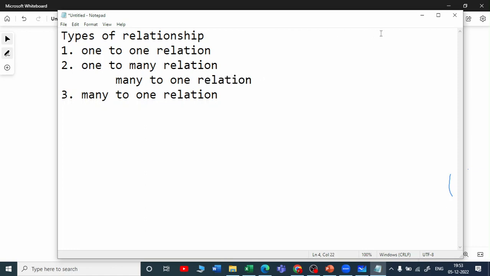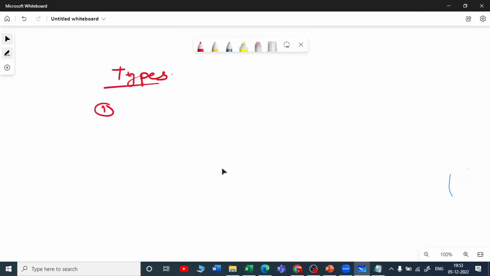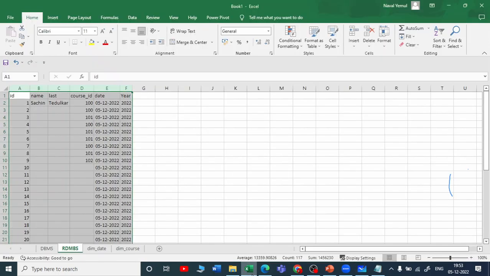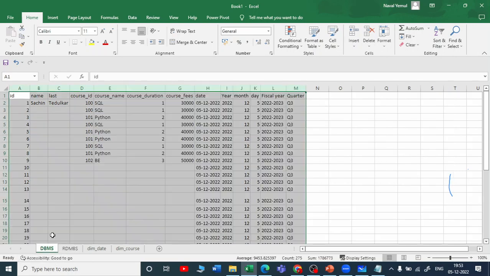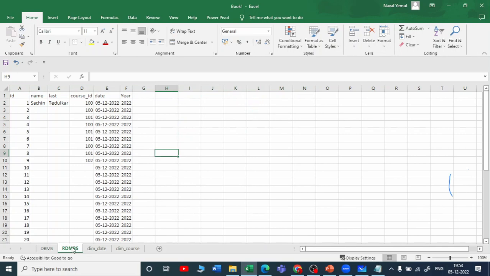I'm going to explain you with a simple scenario again in my whiteboard. So let us imagine the same example like what we have taken here. There were so many duplicate values here, so we have created smaller tables here. Let me take the same table here.